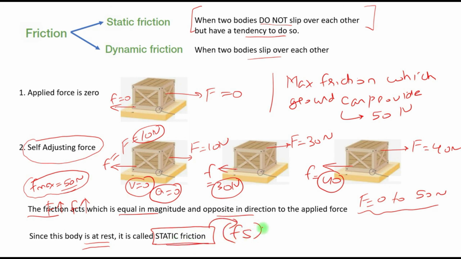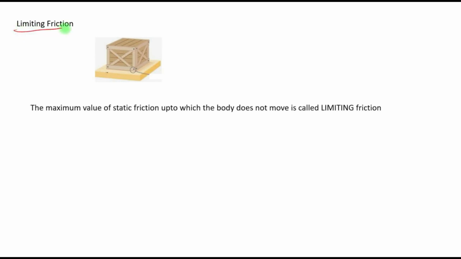The static friction increases as the applied force increases. Now if the capital F becomes 50, we have reached the maximum value of the static friction, and that is what we call the limiting friction. Limiting friction basically means the maximum value of the static friction up to which the body does not move.